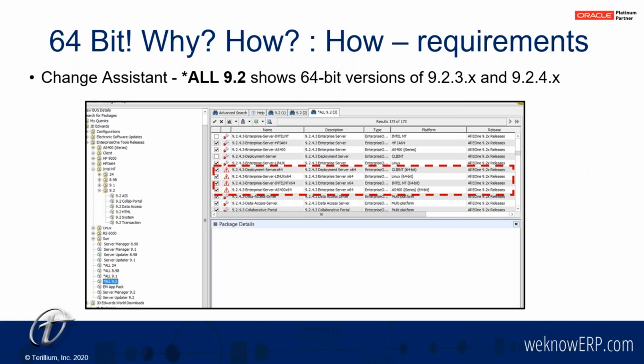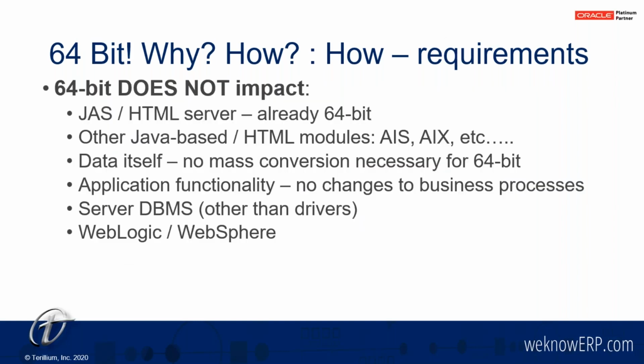But if you do a search star all 9.2, you can see that you've got 9.2.4.3 Enterprise Server, then you've got 9.2.4.3 Enterprise Server X64. That X64, as opposed to the version that doesn't have the X64 marked on it, is the 64-bit. That's how you know that when you pull a 64-bit tools, that's what you're getting.